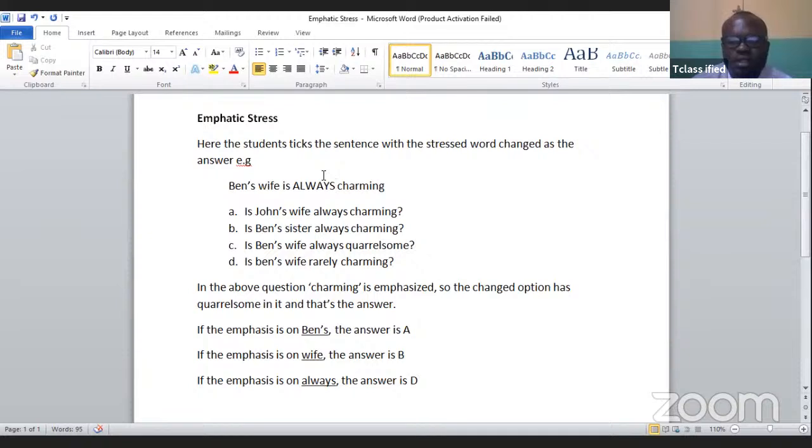Okay. So let me give you an instance where you don't have the word at all. There it is missing. So let's say we have Ben's wife is always charming. Okay, this is not quite an example that we could easily do that. So let's check out past questions from emphatic stress so that we can try out what we've learned and also take an instance of where the stress word is totally missing in the option.